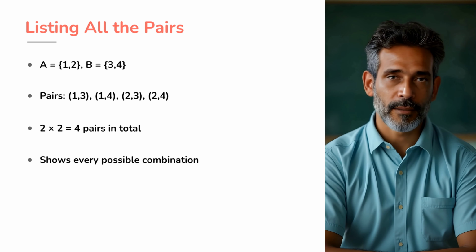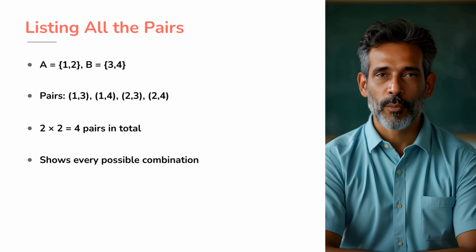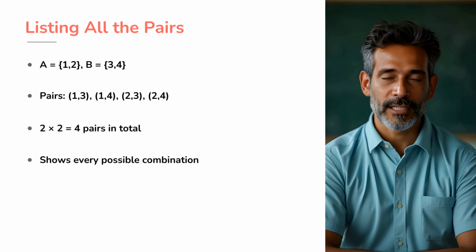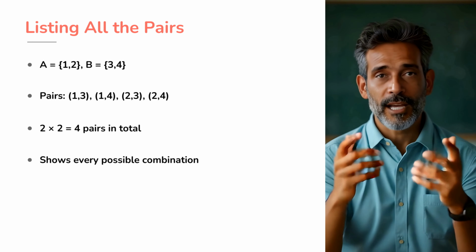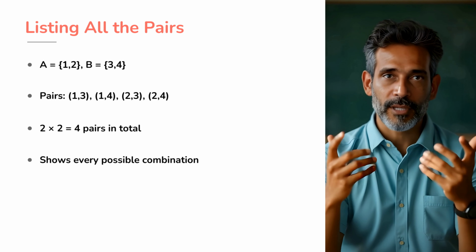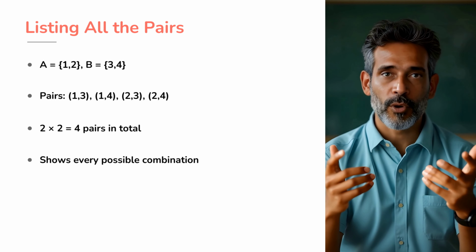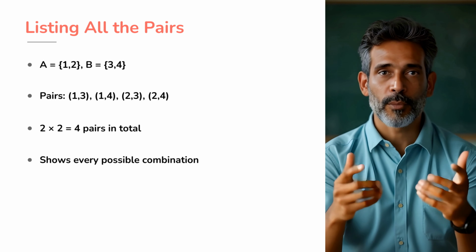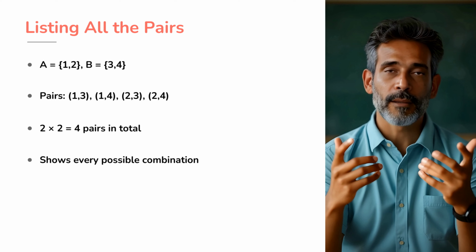In total, we have 4 pairs because 2 elements in set A times 2 elements in set B equals 4. This process is called the Cartesian product, and it shows every possible combination between 2 sets.